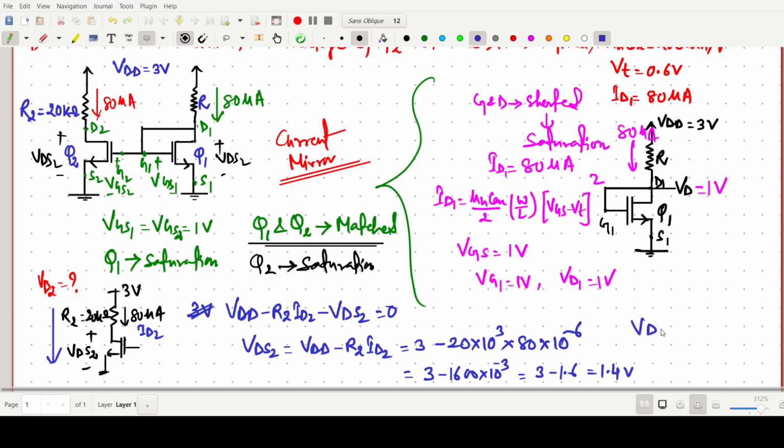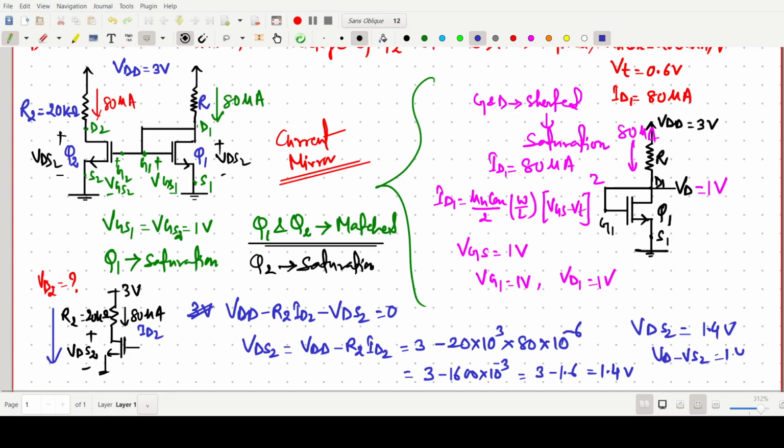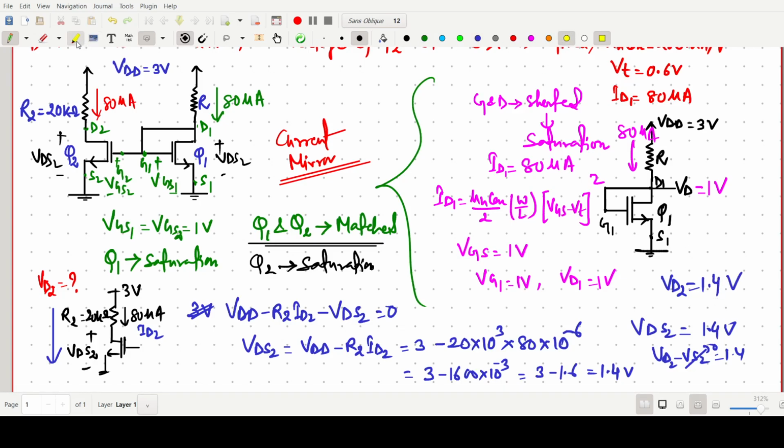So now VDS2 will be 1.4 volt. So VDS2 means VD minus VS2 is 1.4. So this value will be 0 because this source is grounded. So simply we can say VD2, better to write 2, is 1.4 volt. So in that way we can solve this question.